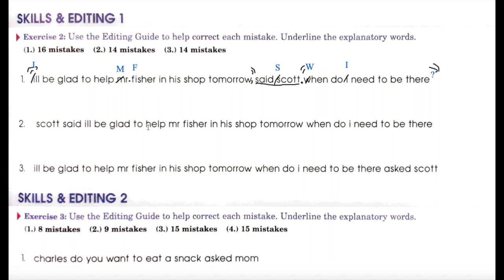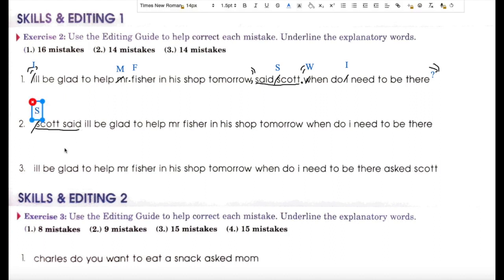Number 2: Scott said, I'll be glad to help Mr. Fisher in his shop tomorrow. When do I need to be there? So we have a similar sentence here, but we have explanatory words at the beginning. Underline your explanatory words. Capitalize the first word, which also is a proper noun because it's Scott. Scott said, put a comma after your explanatory words because the explanatory words are coming at the beginning.